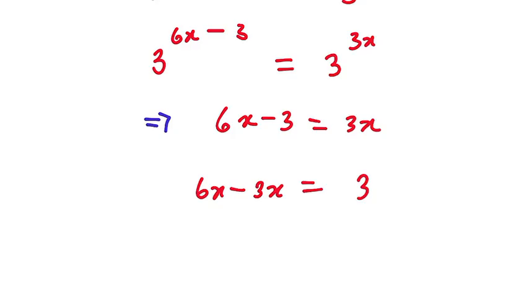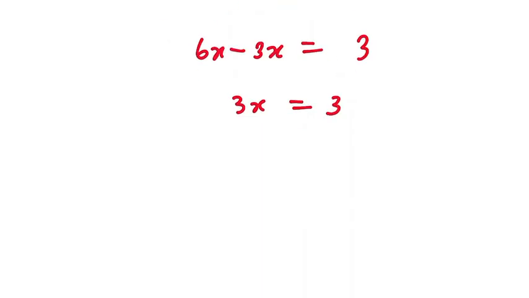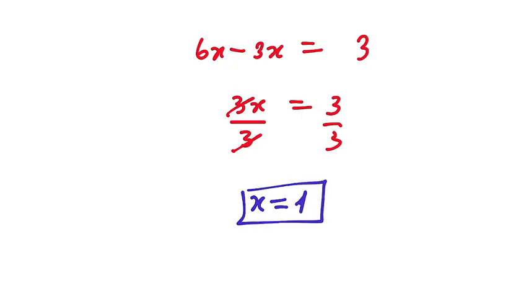So from there, 6x minus 3x, we're going to have 3x equals 3. Then when you divide both sides by 3, we are going to have the value of x to be 1, because 3 divided by 3 will give us 1. So we have 1 to be the solution.